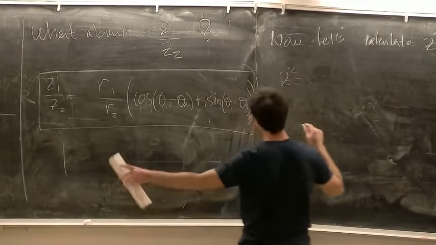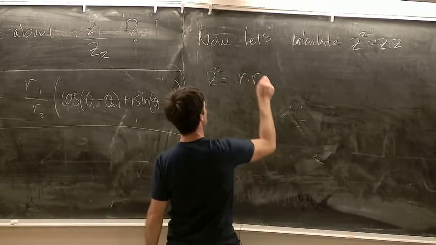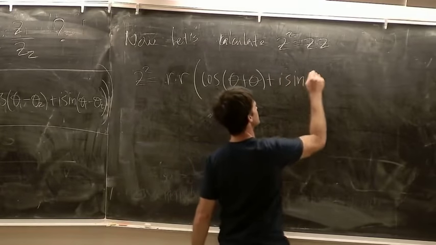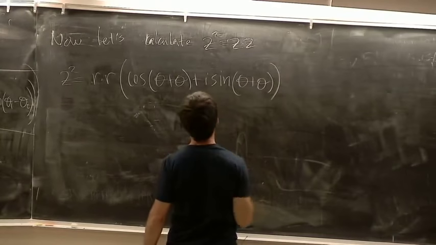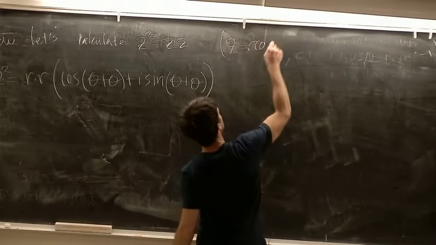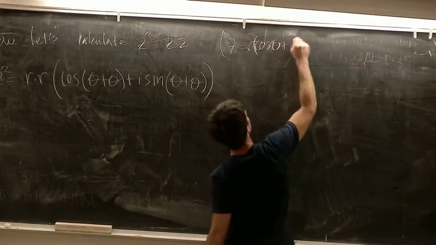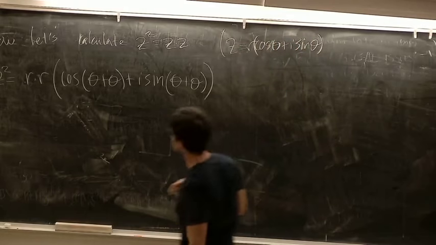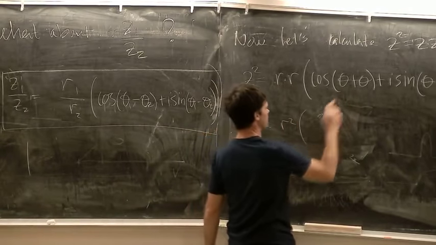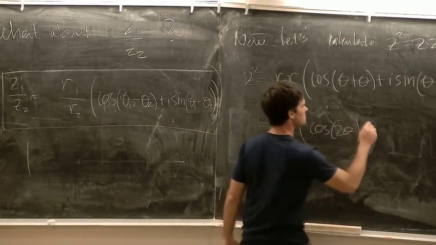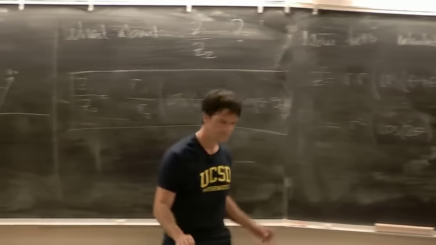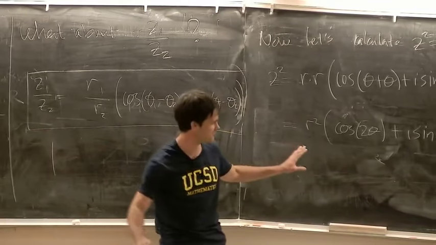According to that formula, that'll be r times r, and then cos of theta plus theta plus i sine of theta plus theta. Here z is equal to r cos theta plus i sine theta. So r times r is r squared, theta plus theta is 2 theta. This is just what we get from applying that multiplication formula.